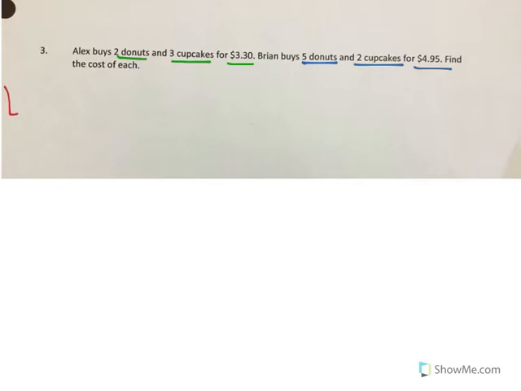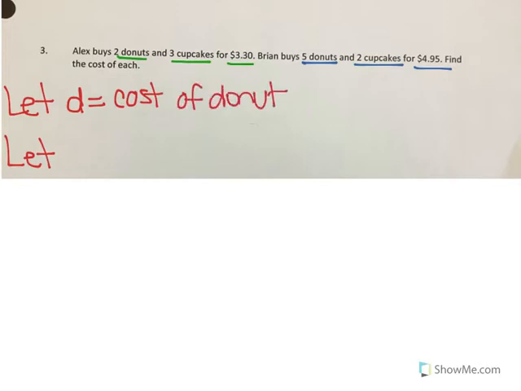So we'll start with our let statements, and we're going to use two different letters and solve this system of equations. So let's just use D to represent the cost of a donut, and let's use C to represent the cost of a cupcake.